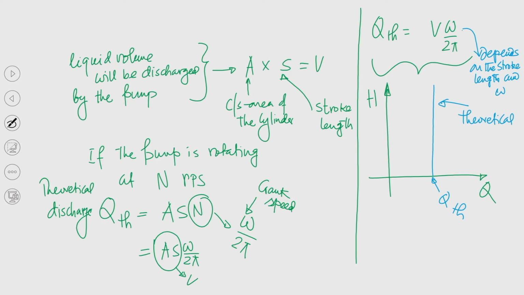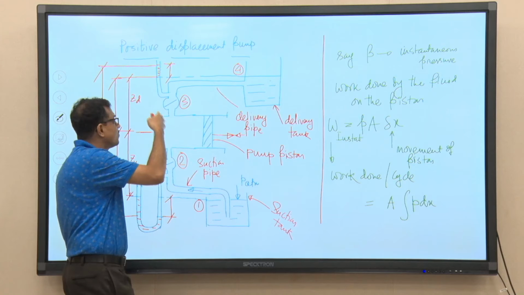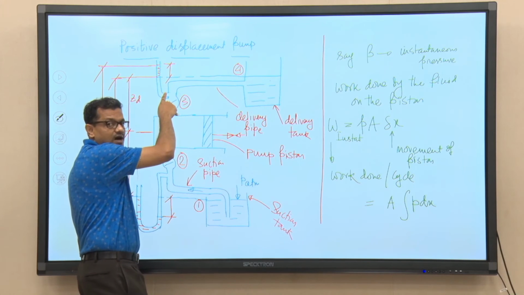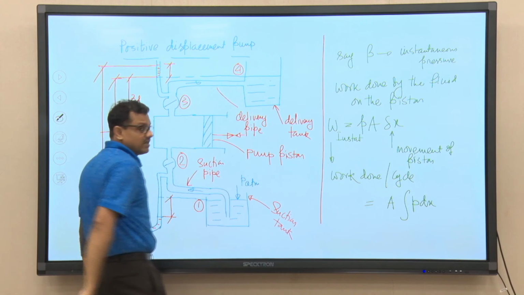Right. And as I said, if we now go back to the schematic, towards the end of the delivery stroke, the pressure inside the cylinder will be very, very high, and that pressure will be able to overcome the force required to lift the valve up, and the liquid will eventually go to the delivery tank.